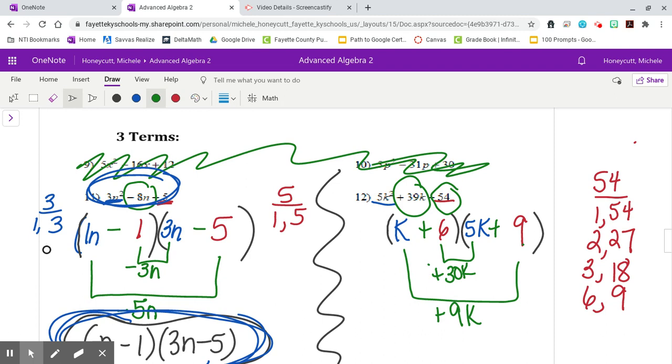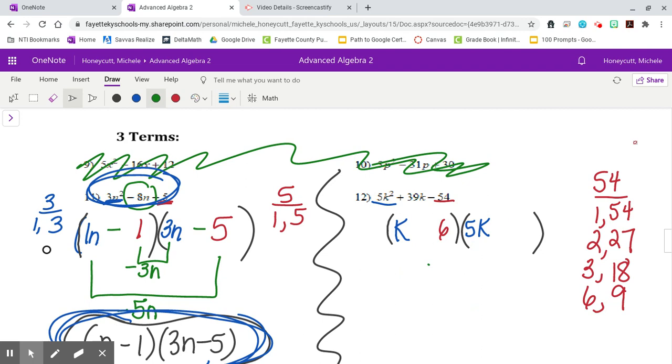Maybe it's 9 and 6. So try switching the order. So instead of 6 and 9, let me try 9 and 6. Okay, 5k times 9 is 45k.